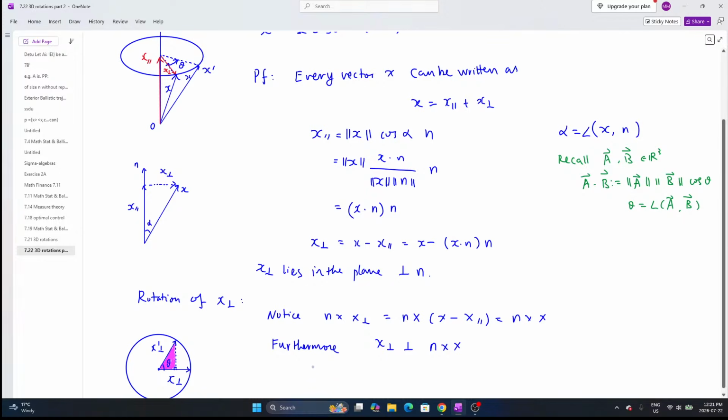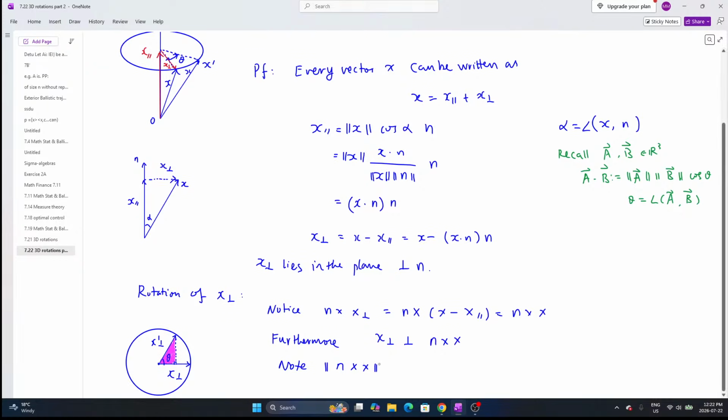Note that the length of n cross x, by definition, as we defined the cross product yesterday, is the length of n times the length of x times the sine of alpha.